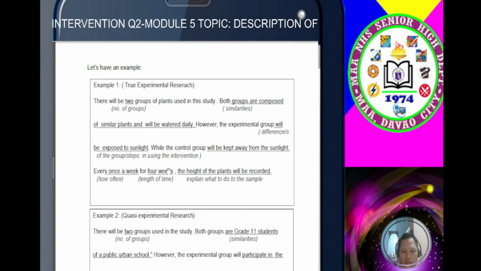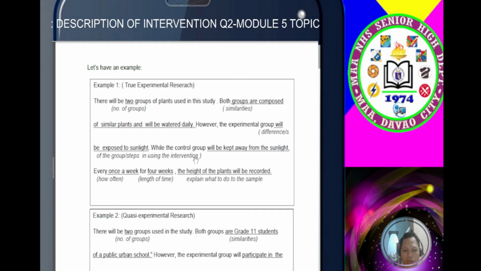While the control group will be kept away from the sunlight. As you can see in these sentences, we begin with the intervention given to the experimental group, then it is followed by the control group. In here, the control group does not receive any intervention.